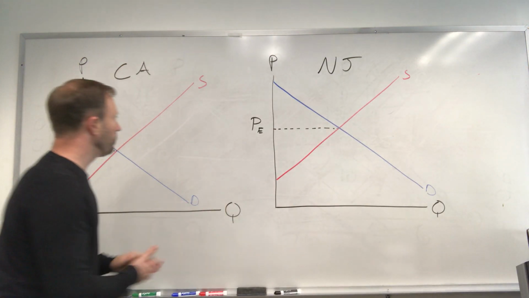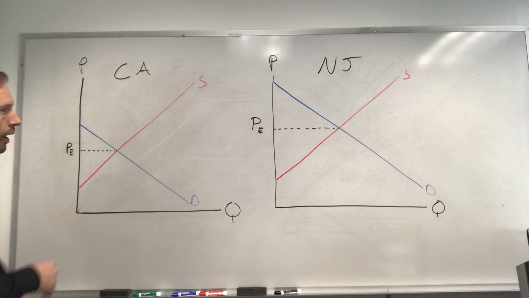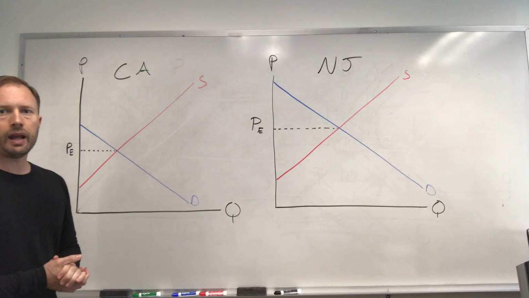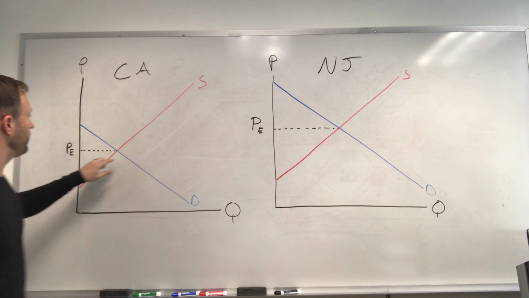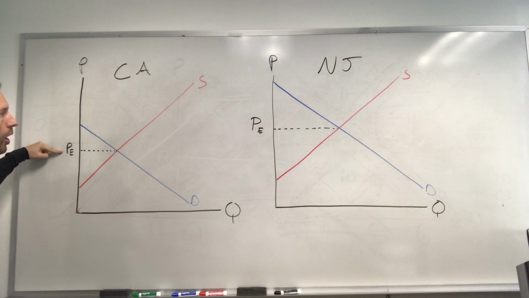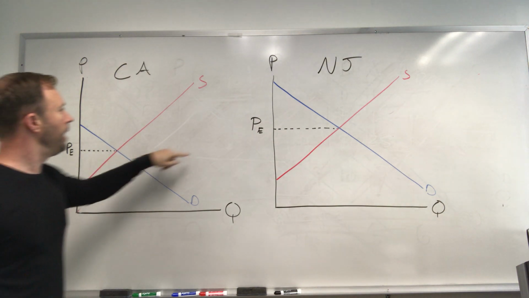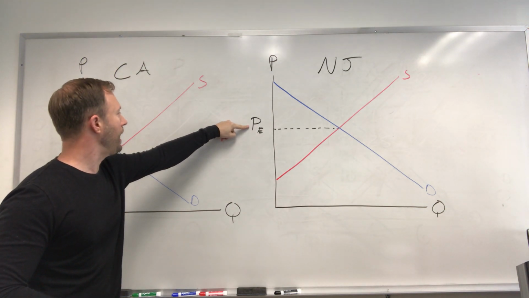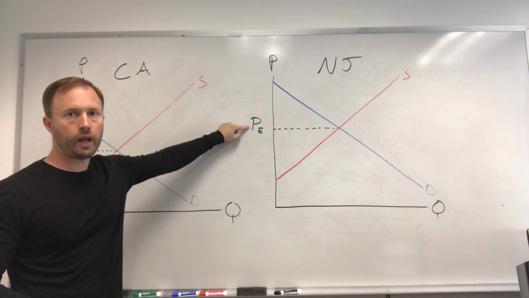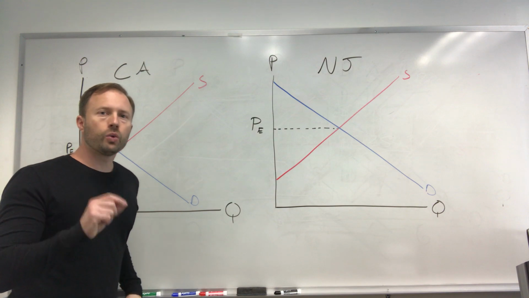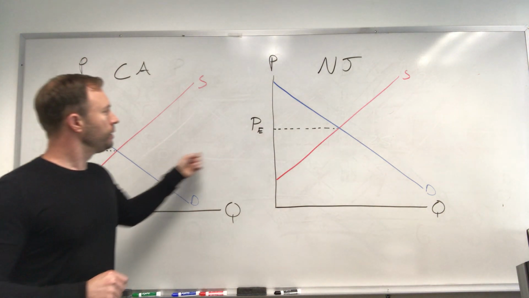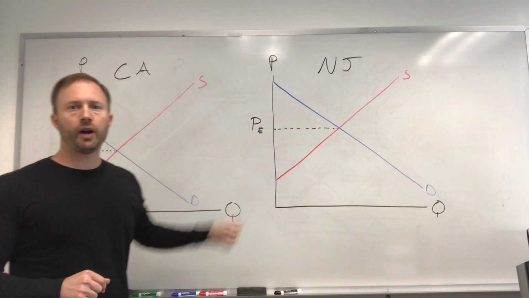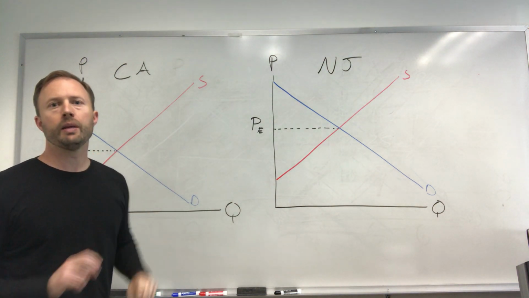All right, so in a world with no price controls, where the intersection of supply and demand determines the price, what you would have would be a situation like this, where California has a relatively low equilibrium price, and New Jersey has a relatively high equilibrium price, okay? But the story wouldn't end there, because this presents a profit opportunity for the quote-unquote greedy business people.